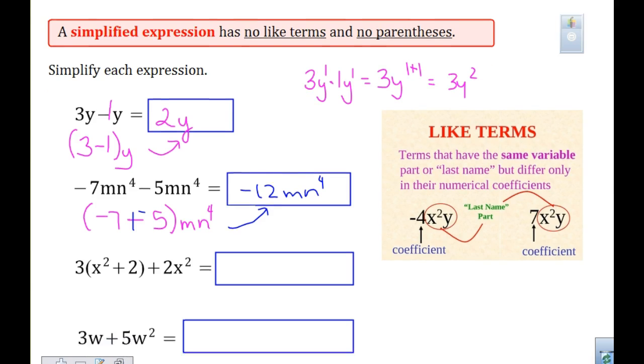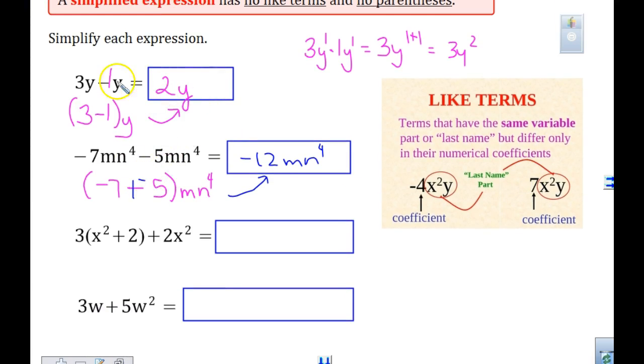Well, then all of a sudden in your homework, they start with some simple ones with either distributive property or adding like terms, and then they start combining and doing a couple of different things.